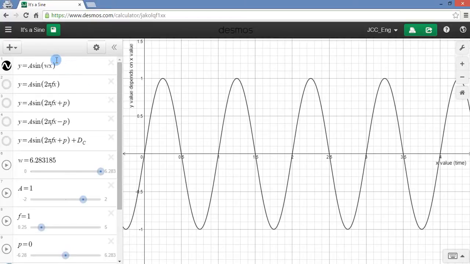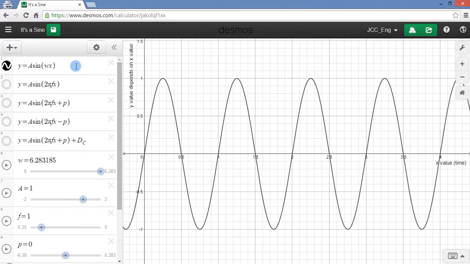The fundamental equation, as I see it, is the y value, the value on the y-axis for any value along the x-axis. So there's our x variable, the independent, and here's our dependent y, like the output. The value of y is equal to A times the sine of omega x.